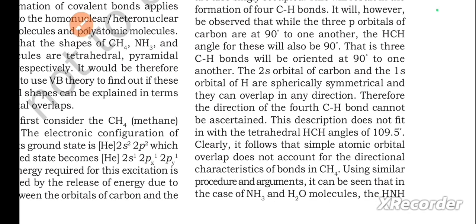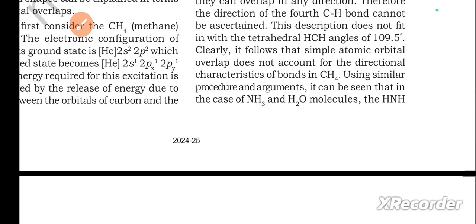Therefore, the direction of the fourth CH bond cannot be ascertained. This description does not fit in with the tetrahedral HCH angles of 109.5 degrees. Clearly, it follows that simple atomic orbital overlap does not account for the directional characteristics of bonds in CH4.